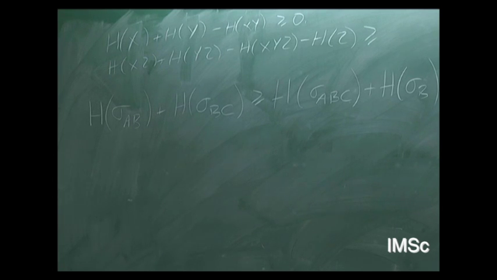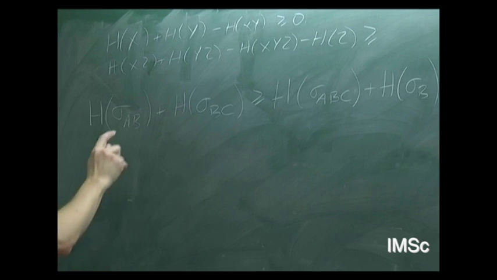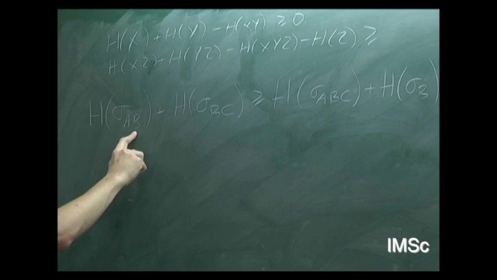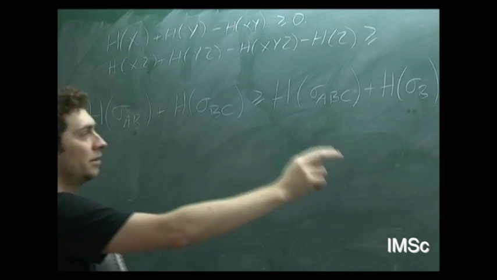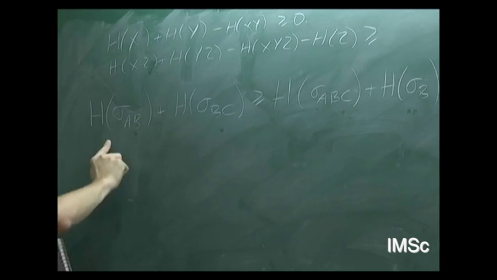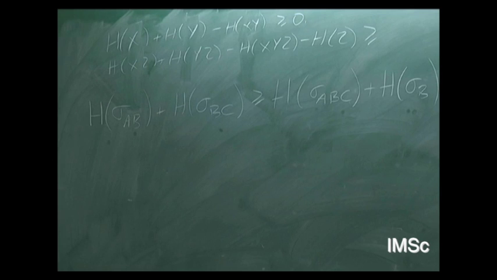No, it's B. I guarantee it's B. Right? Because there's always one guy that hangs around in every term, right? So if you just make B trivial, then this will be 0, then this will be AC, this will be C, and this will be A. So this is what we need, and actually we just need to rewrite it in this way.